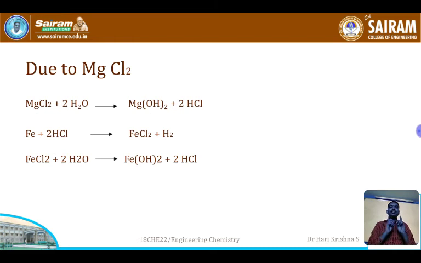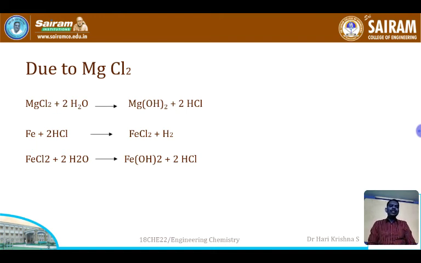There is no HCl to begin with, but because of magnesium chloride, high temperature and pressure, HCl is generated. HCl, as we know, is a strong acid. This will in turn attack the iron, that is the boiler. When this attacks iron, it gives ferrous chloride and hydrogen.